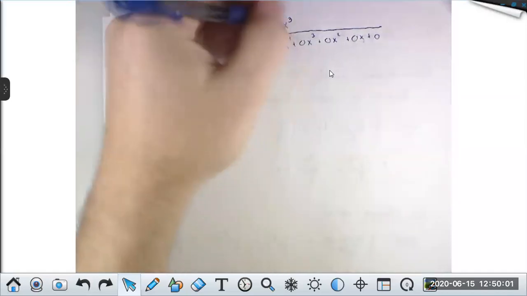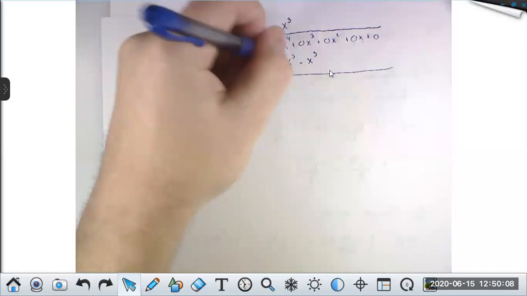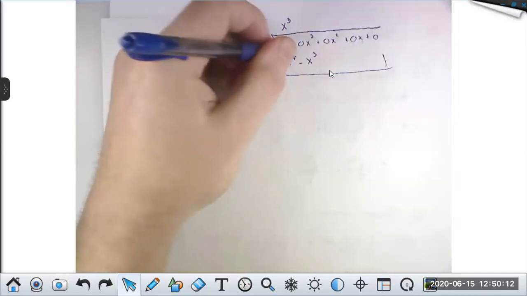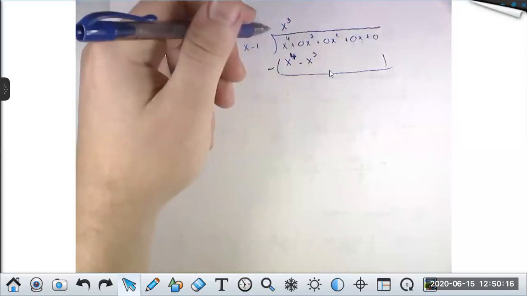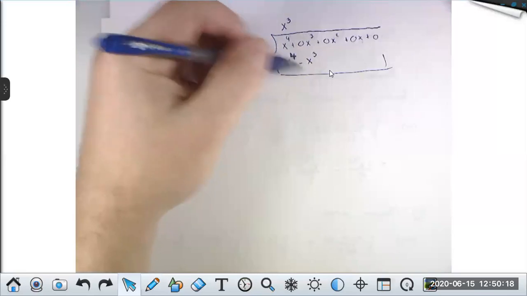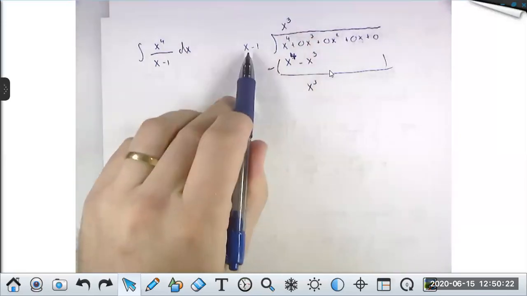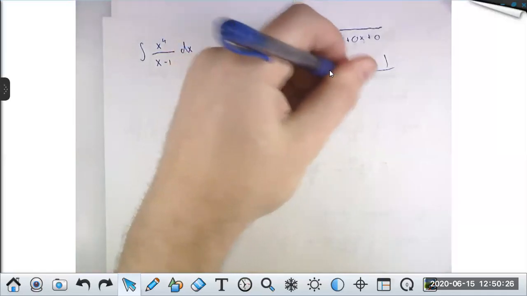And then when I distribute that x cubed, I will get x to the 4 minus x cubed. I subtract. Oh, sorry, x to the 4. I said it but wrote it wrong. So x to the 4 minus x to the 4 is 0. 0x cubed minus negative x cubed, that's positive x cubed. And then all of these come along for the ride, 0x squared plus 0x plus 0.